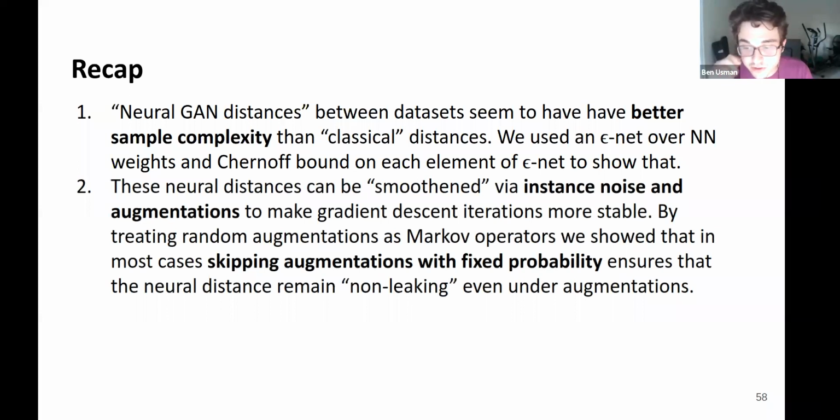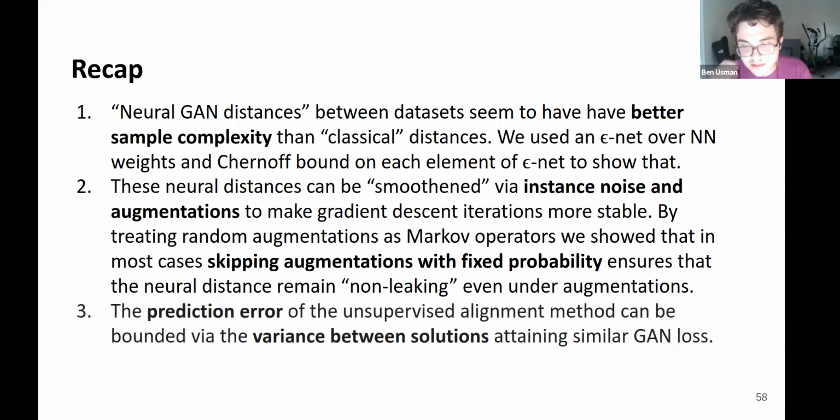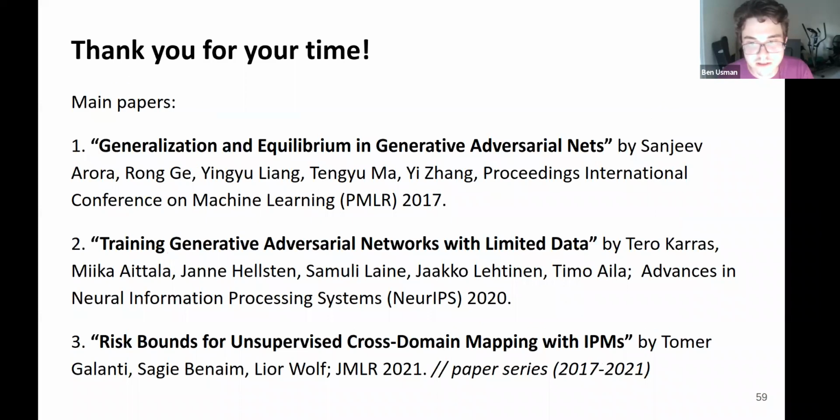We showed that for the group of image rotations by explicitly constructing an inverse operator. And finally, in the last batch of papers, we showed that the error of methods like cycleGAN can be bounded without access to the ground truth functions just by looking at the variance between solutions attaining near optimal GAN loss.